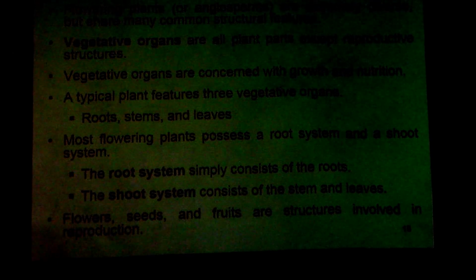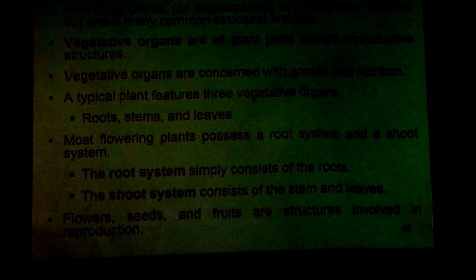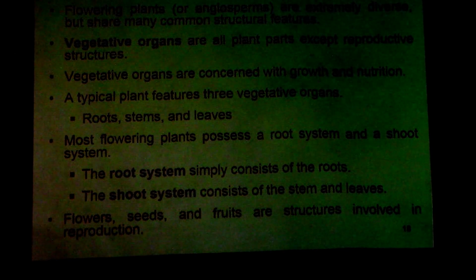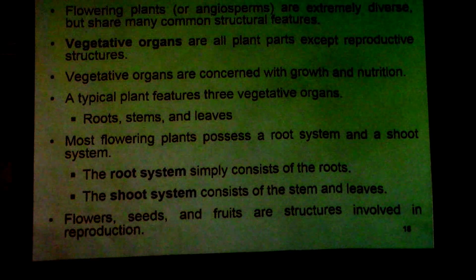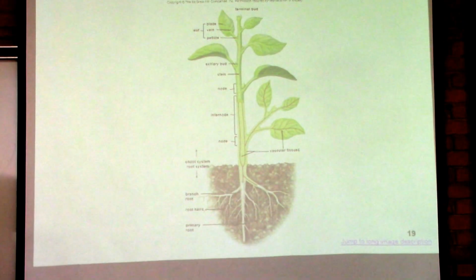Vegetative parts are usually related to growth and nutrition, and reproductive parts of the plant are for their own survival, for producing parts from which they can continue to be propagated, like seeds and fruits. Fruits are usually around the seeds, which are the protecting organs of their embryos. So all fruits have some seeds in them, and seeds are those structures that carry the embryo, which is their babies.